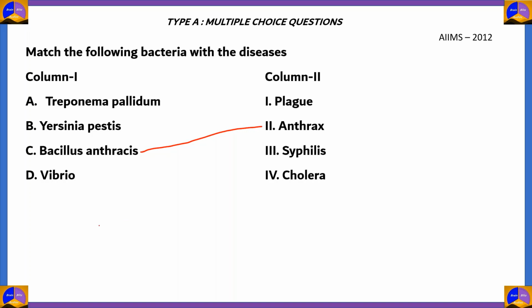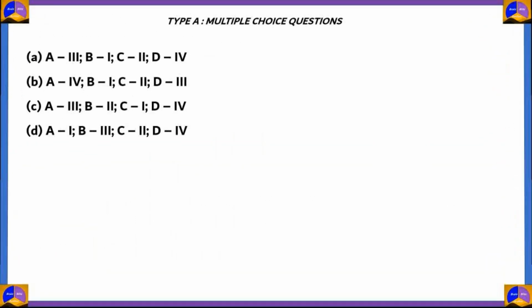Next, matching up. Cholera is due to the bacteria Vibrio cholerae. So we can conclude that option D in column 1 matches up with option 4 in column 2. Now let's move on to our options.